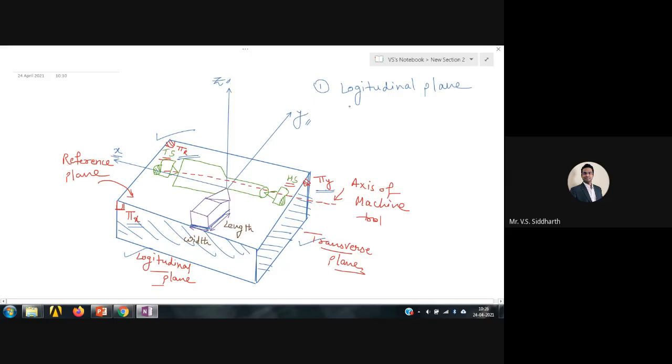Okay, very good. So this longitudinal plane is perpendicular to the length as well as the base of the tool, and parallel to the width of the tool.